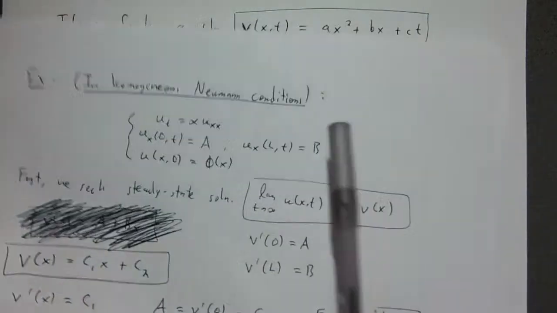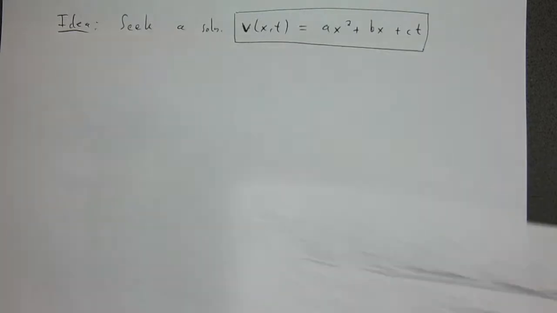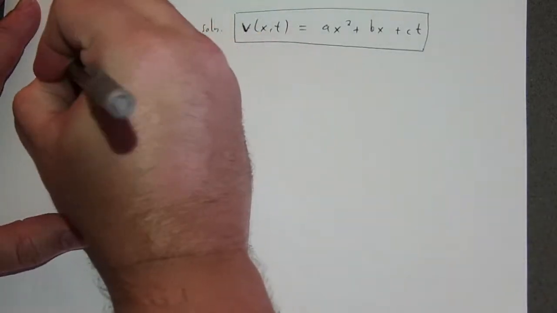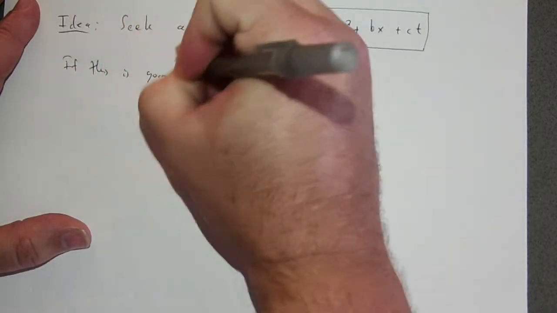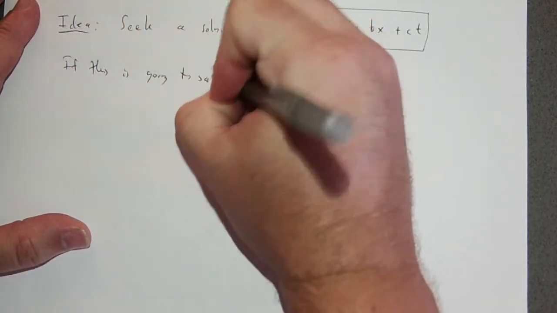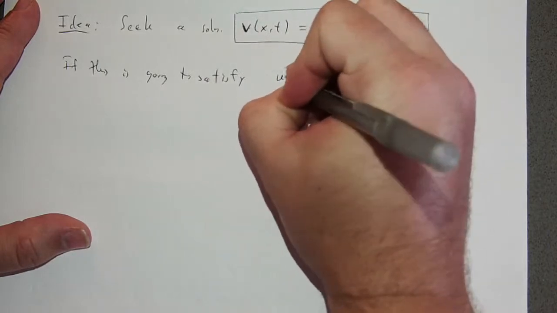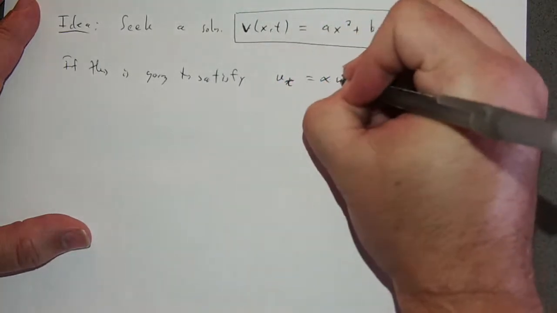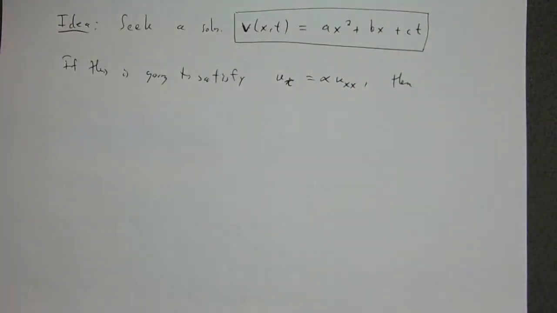Now, if we want this to satisfy the PDE, u sub t equals alpha u sub xx, then what does that mean, right?